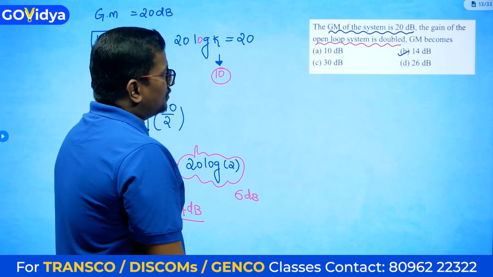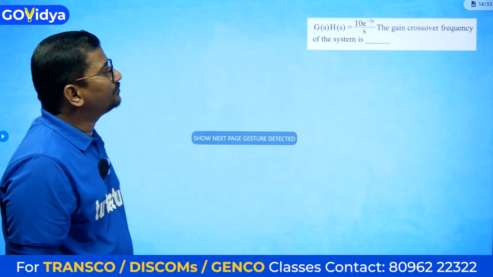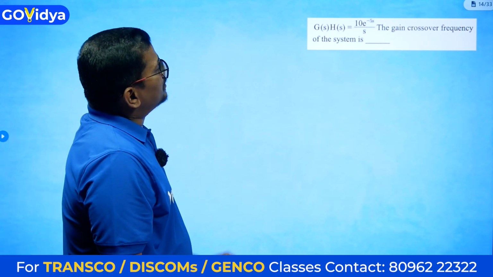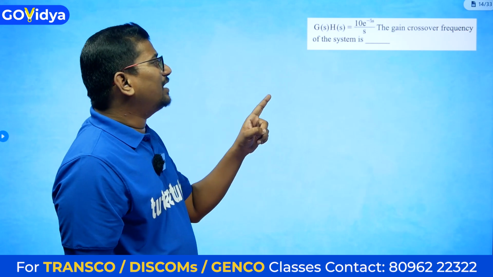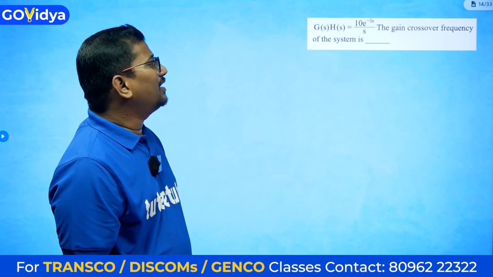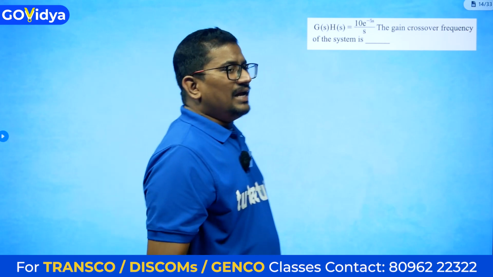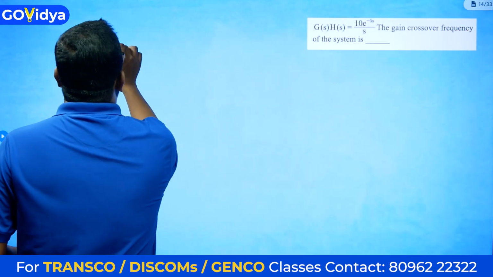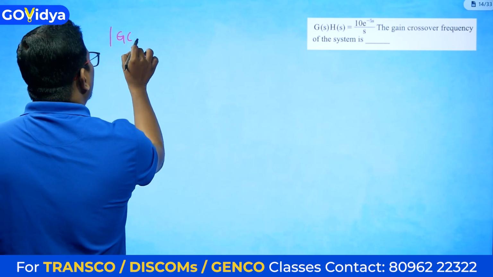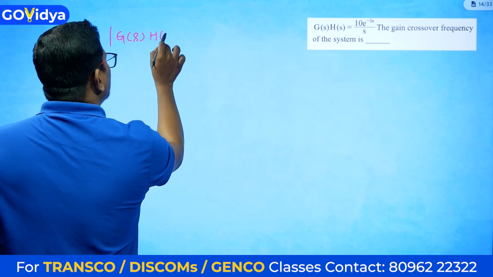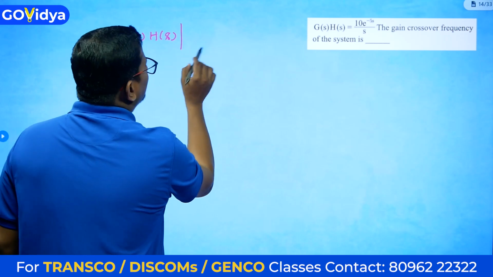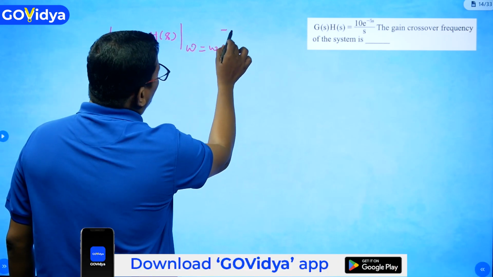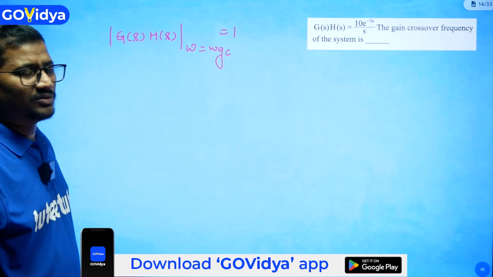Okay. Now let us see the next question. The given question is like this. G(s)H(s) is equal to 10 e power minus 5s by s, the gain crossover frequency of the system. The gain crossover frequency we are going to calculate how? Magnitude of G(s)H(s) at omega equals omega GC is equal to 1.